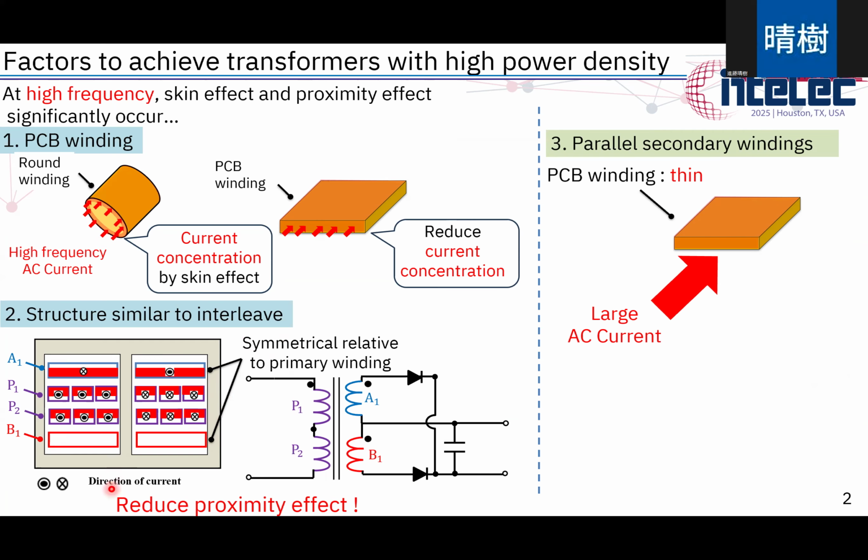And this reduces proximity effect. And the PCB winding is very thin, so it is difficult for large AC current to flow in PCB windings. So parallel secondary windings are required.